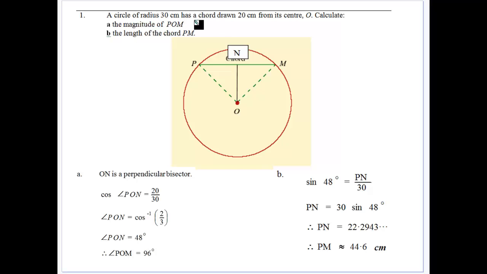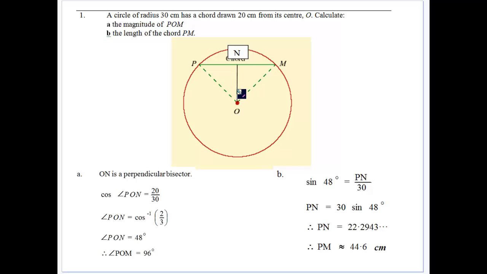In this one, circle radius 30 centimeters, has a chord. Now, a chord is a line that goes from one side of the circle to another, and it's 20 centimeters. And we need to calculate the magnitude of POM, so the size of POM, so this angle here.